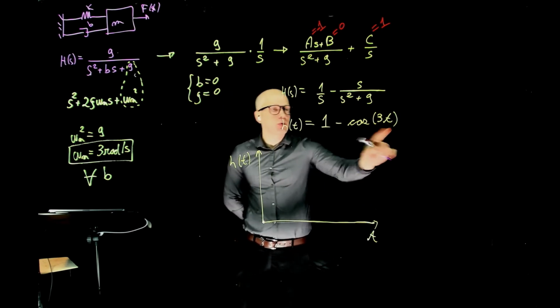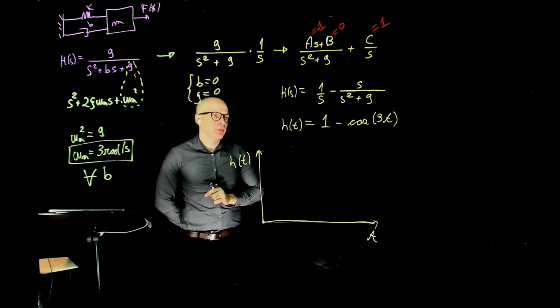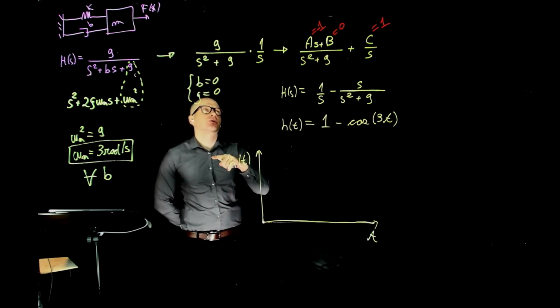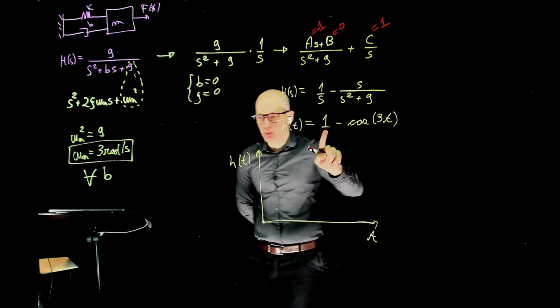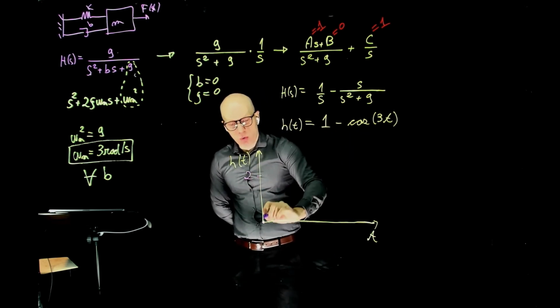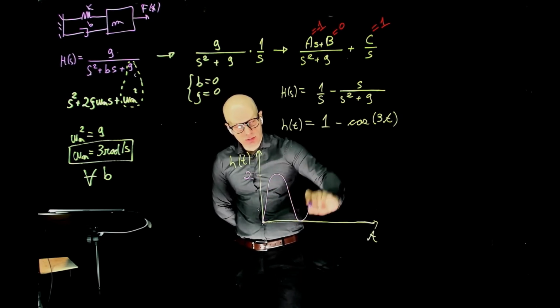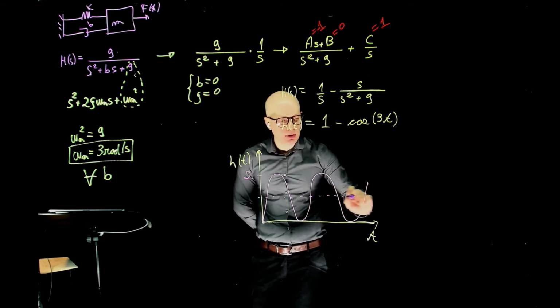And when you have cosine of pi, 180 degrees, this becomes -1 plus 1 goes to 2. So this oscillates between 0 and 2, centered at 1.